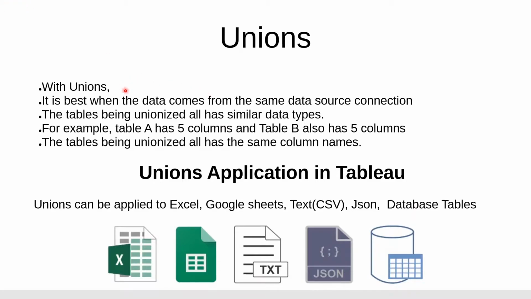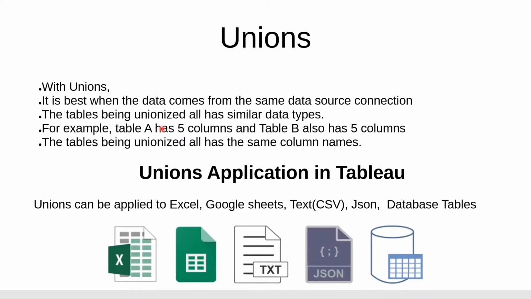And with unions, it is best when the data comes from the same data source connection. The tables being unionized all have similar data. For example, table A has 5 columns and table B also has 5 columns.